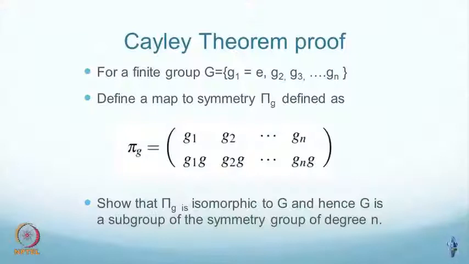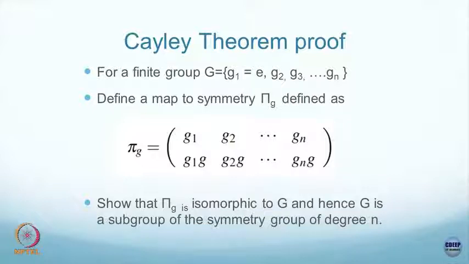Okay. If we can show this, then we have proved Cayley's theorem. So, I have defined for you a pi subscript G, by definition: take the set of all the elements in that group G to be the objects in the permutation group, which is getting permuted.